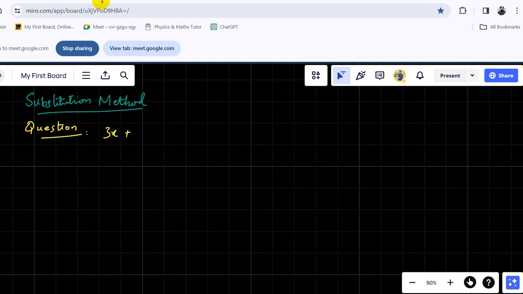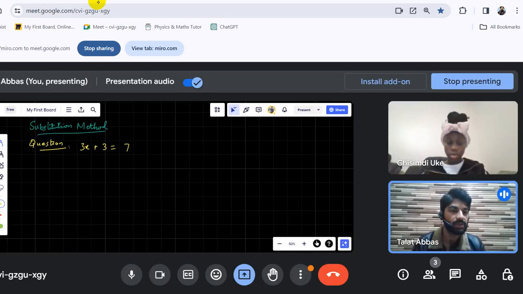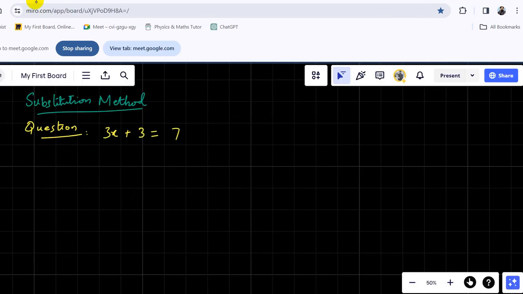3x add 3 equals to, yeah, we need a complete equation. 7, right? So we need such equations, like we need a linear equation with two variables. Now this equation has only one variable, so I'm just replacing this 3 with the second variable.